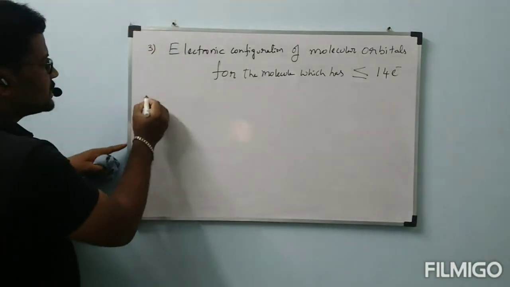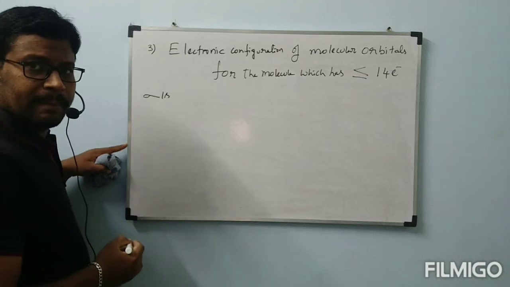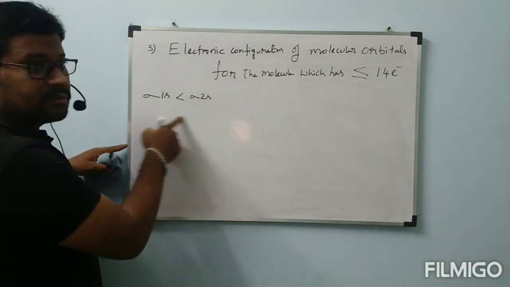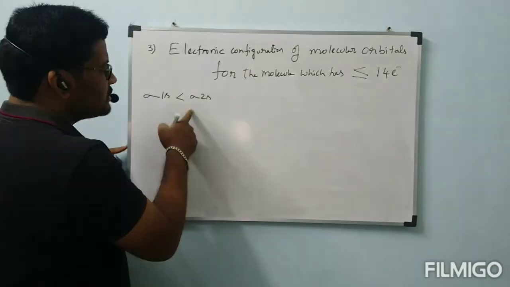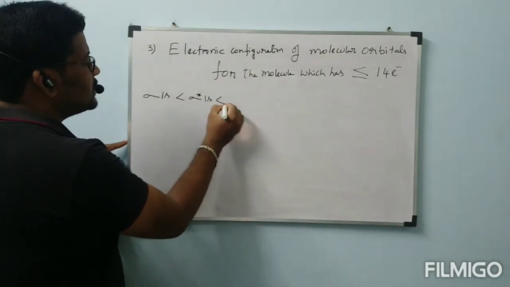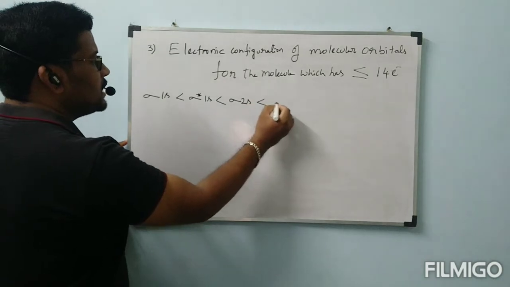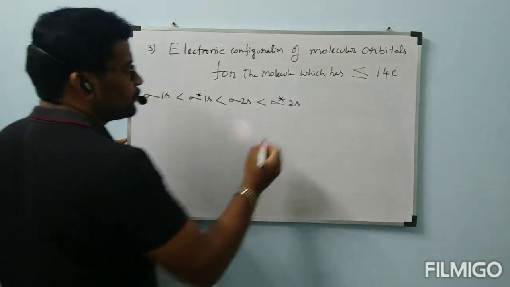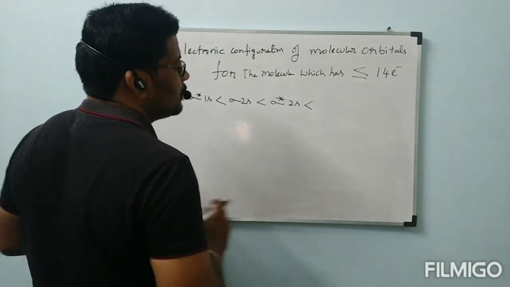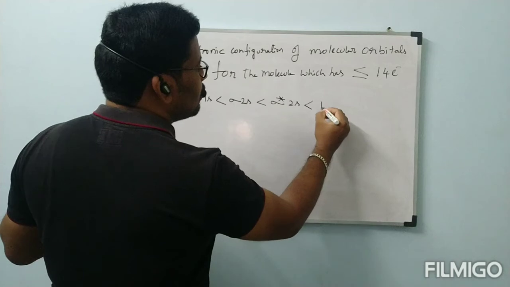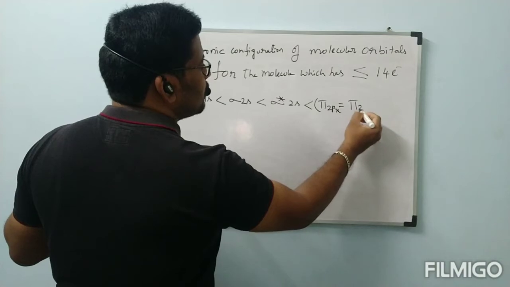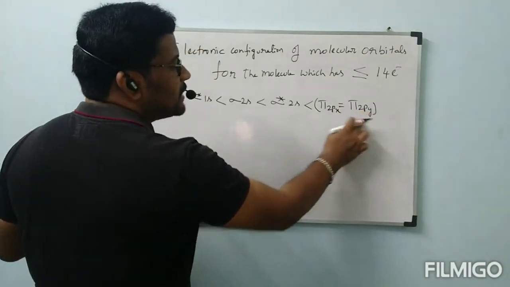Now, the energy order: sigma 1s is less than sigma star 1s, is less than sigma 2s, is less than sigma star 2s, is less than pi 2px equal to pi 2py. Both have the same energy.